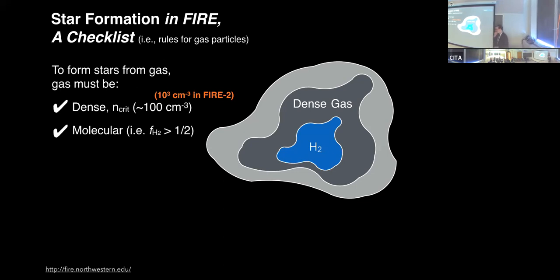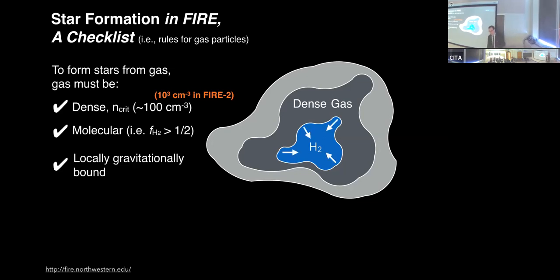It has to be molecular in nature, and for us, we're using the Krumholz empirical fitting functions, essentially a column density, metallicity dependent column density cut. And then finally, they have to be locally gravitationally bound. So the local velocity field, the local mass field has to be such that the gas particle ought to be collapsing in some sense.